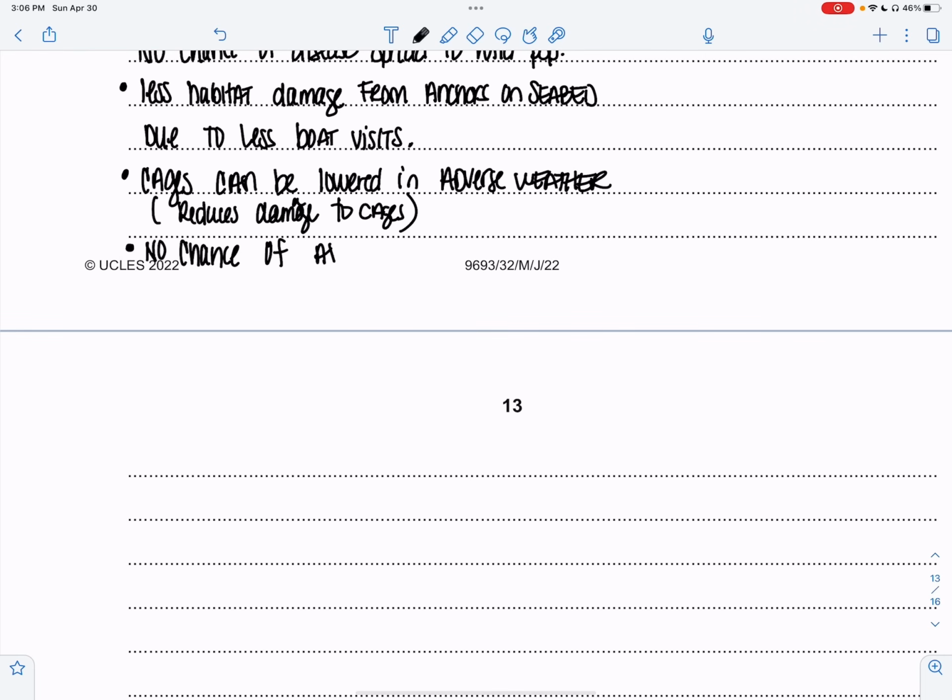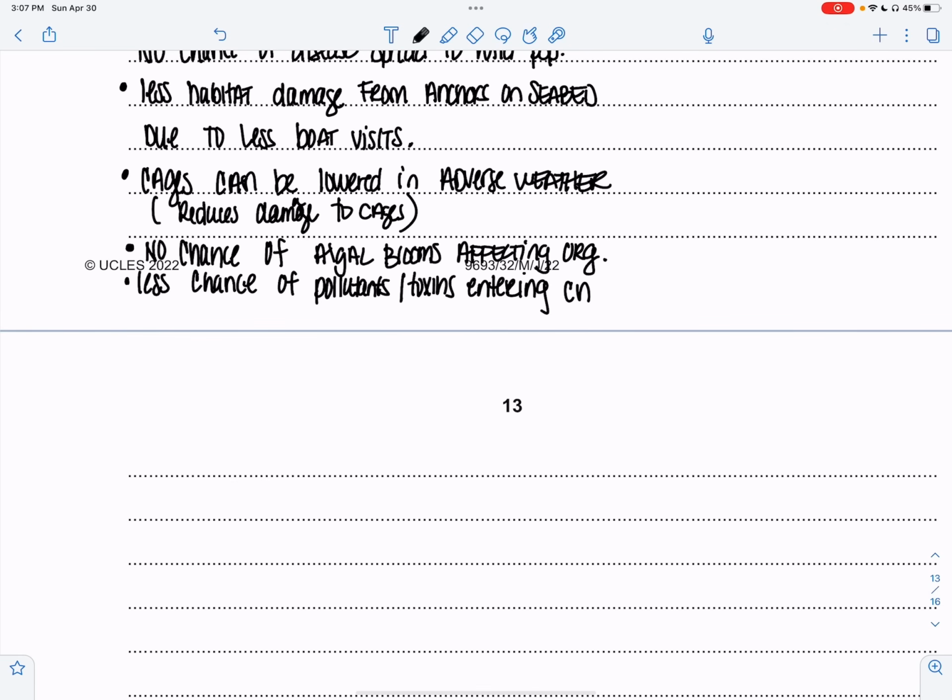No chance of algal blooms. ORG, organisms. Less chance of pollutants or toxins entering the cage.